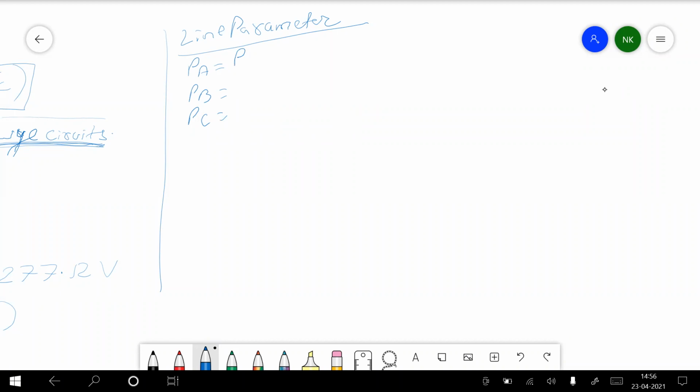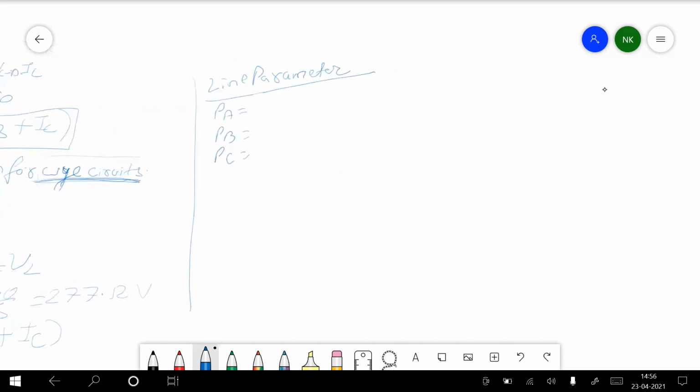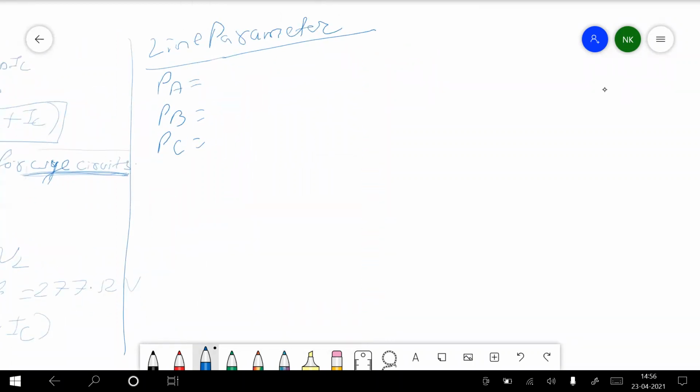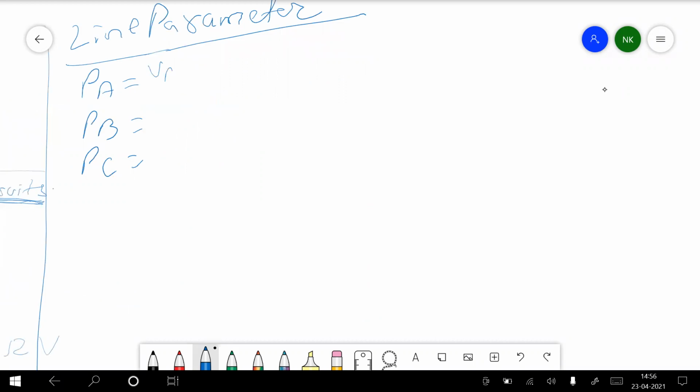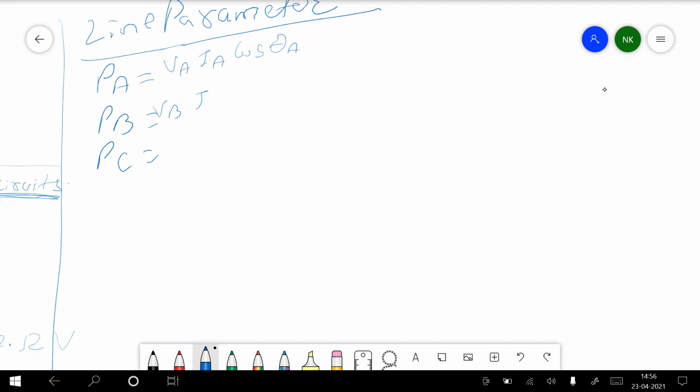I'm just giving a small notification: PA equals VA IA cos theta A, and I'm writing A, B and C for all three.